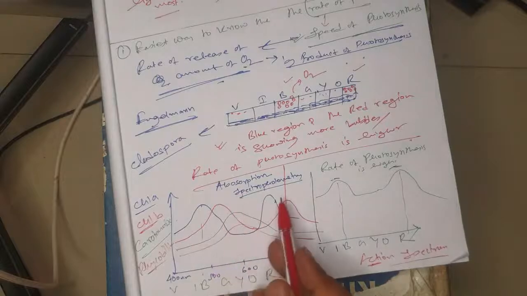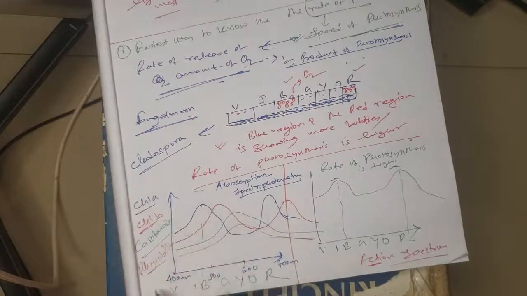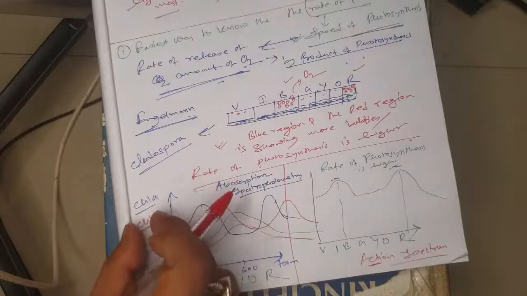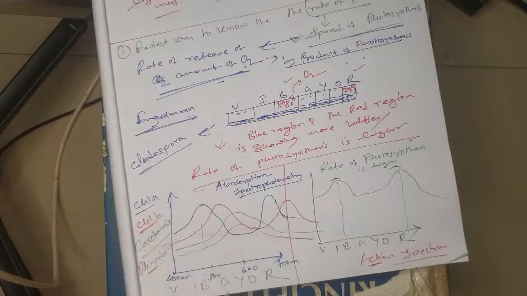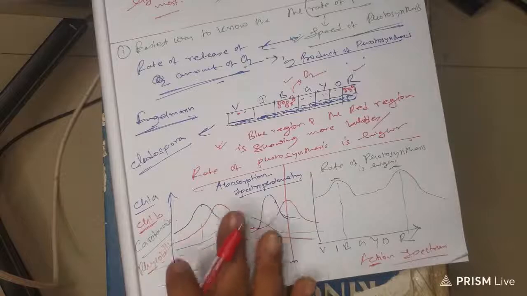And this is the absorption spectrophotometric graph because here we have just investigated which photosynthetic pigment absorbs what color the most. I am not concerned about the rate of photosynthesis here.